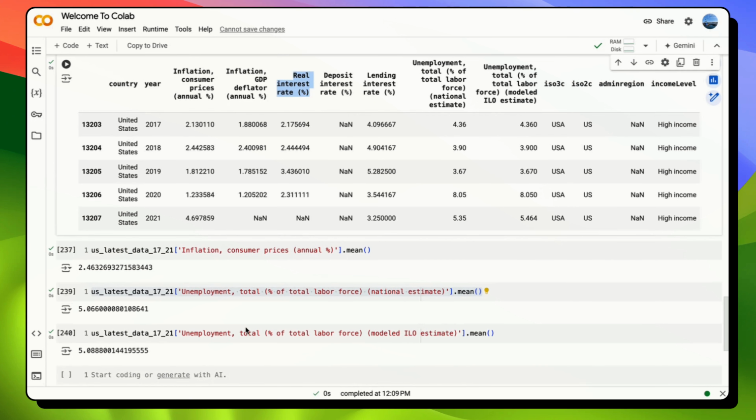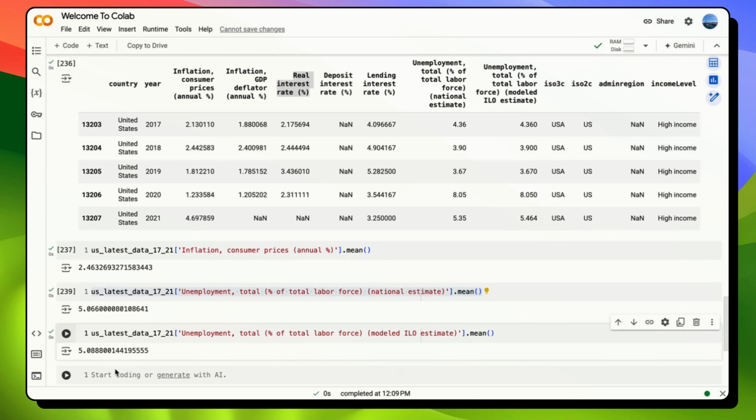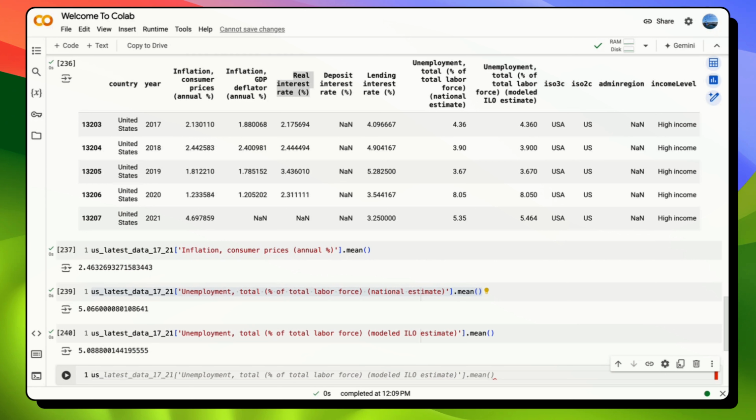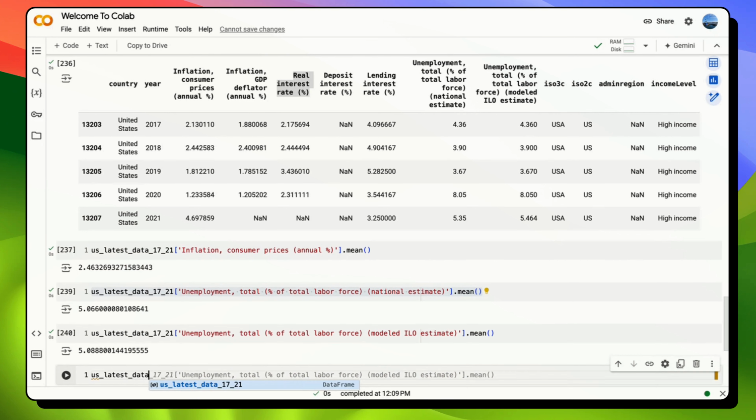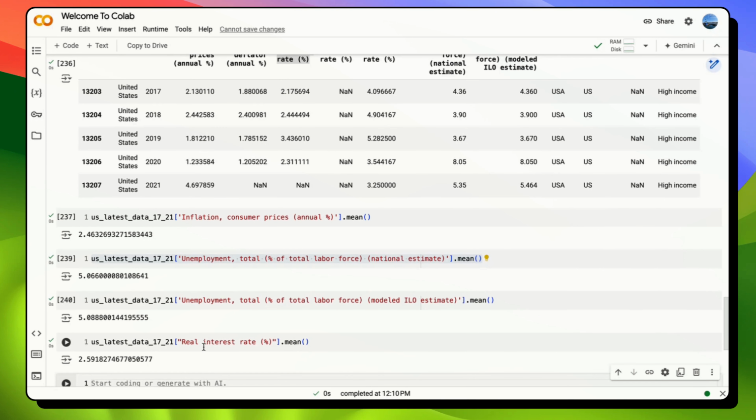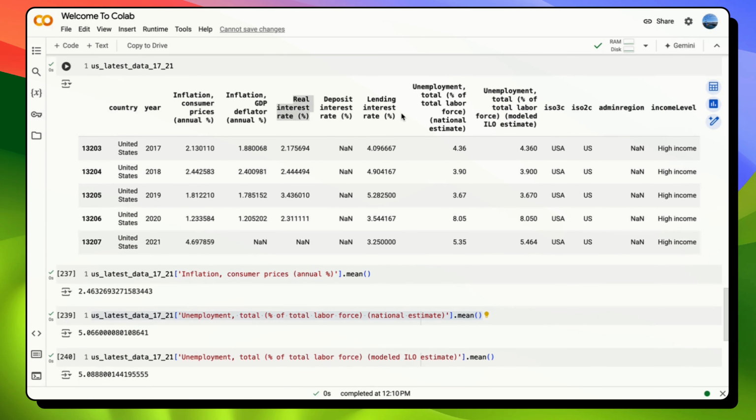What about the real estate interest? $2.5. I hope it was true, but it is not.